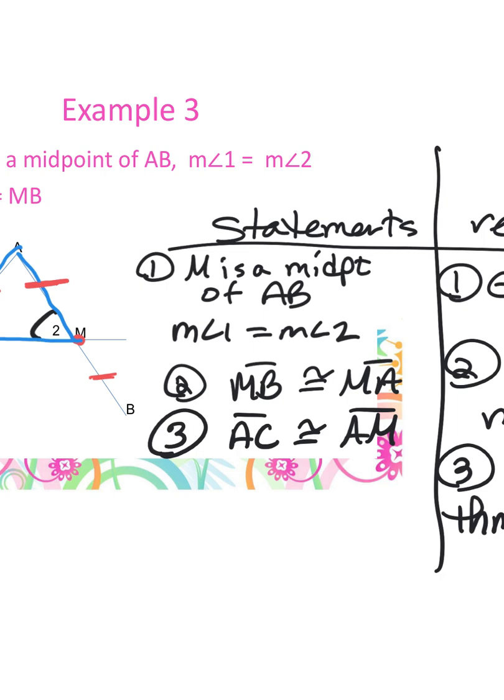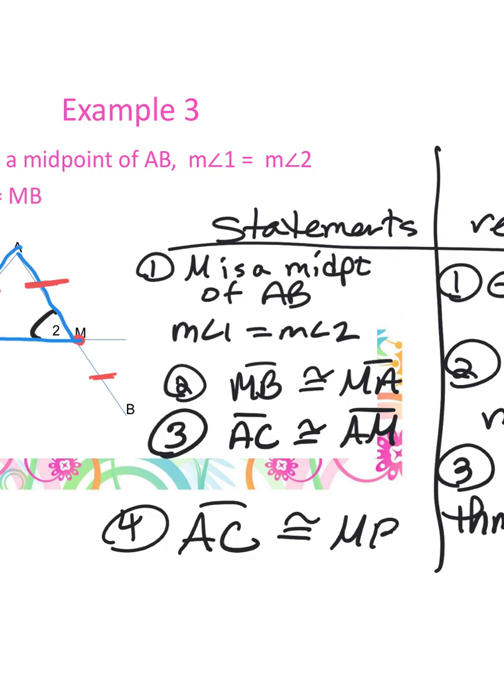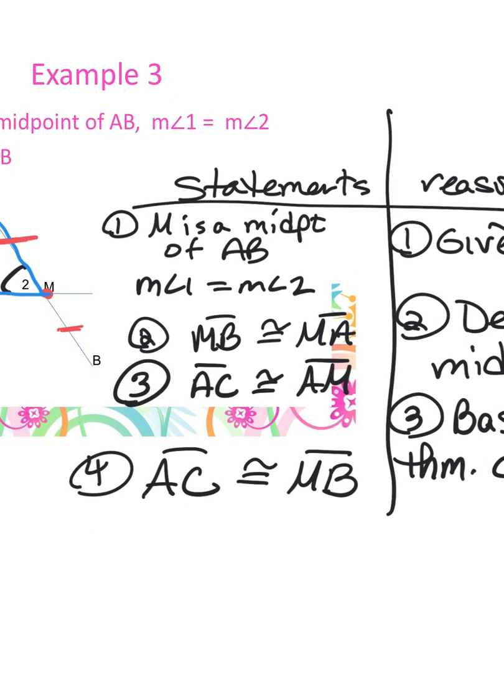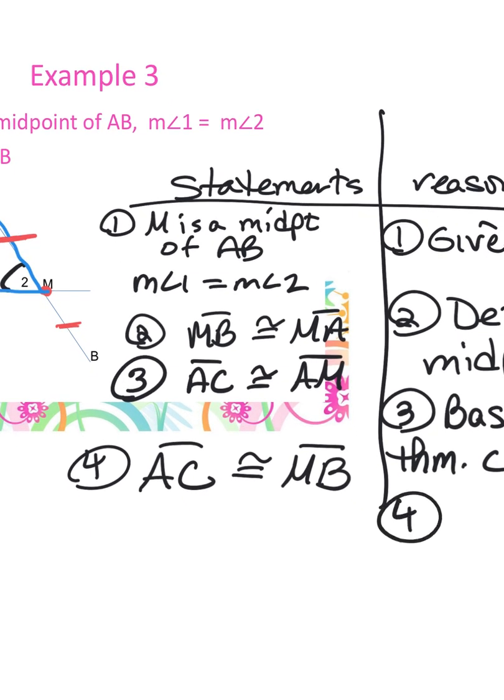And now notice you got the same 3 red markings. So now I can actually go to what I was asked to prove, because I've already marked it here. AC is congruent to MB, and that reason is transitive. Or you can say substitution here.